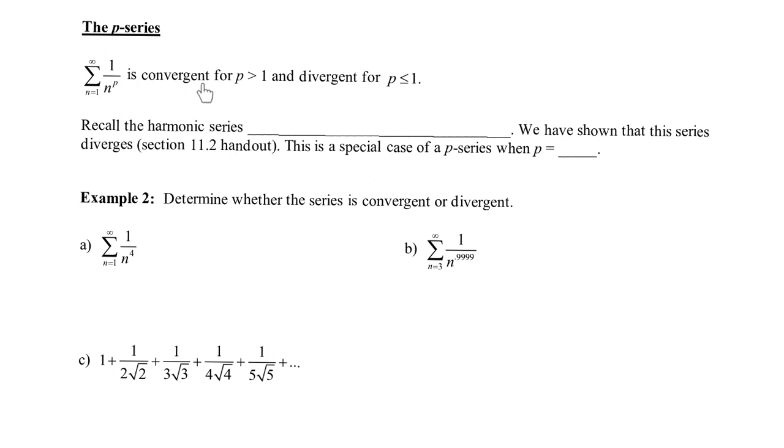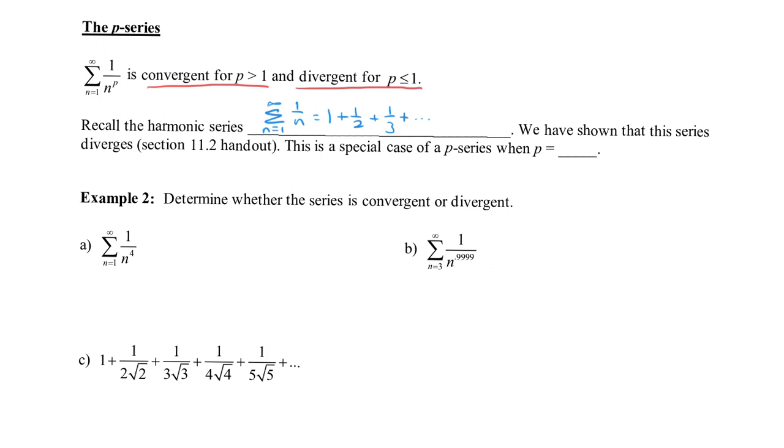And it turns out that this is convergent for p greater than 1 and divergent for p less than or equal to 1. So if you recall the harmonic series, which we've seen before, the sum from 1 to infinity of 1 over n, which was equal to 1 plus 1/2 plus 1/3 plus ... This is actually a special p-series.